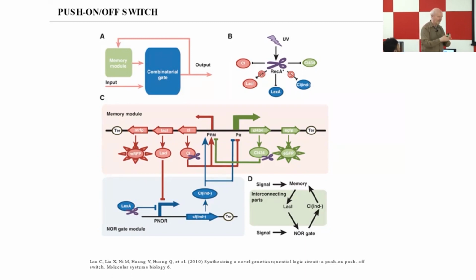In this case, the input signal is UV light, and UV light is known to be connected to various readouts that affect the expression of different regulatory factors that were reshaped here, and I don't think it's worth going through all the details because it's too complicated.